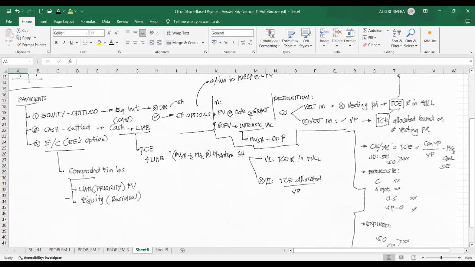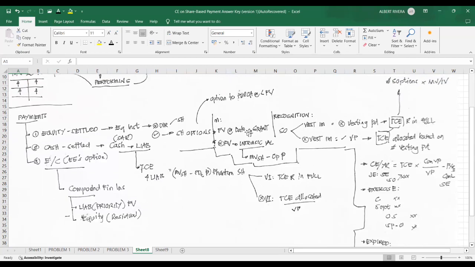This is, however, multiplied with the phantom shares, while in the equity settled, this is multiplied with the number of share options. Okay? So the entity now will recognize a liability here until after the payment has been served.